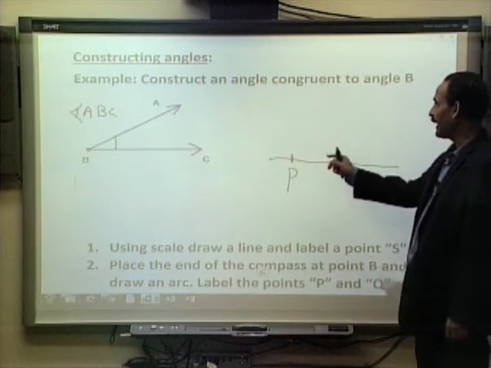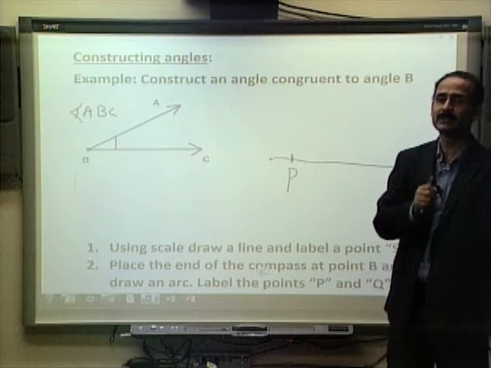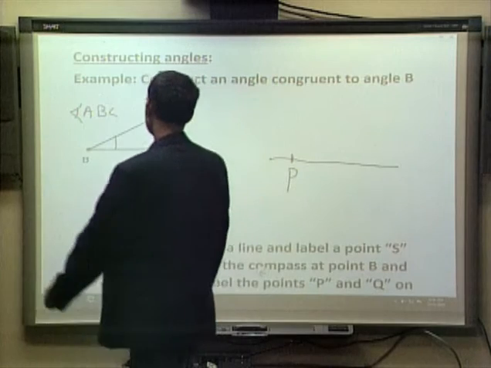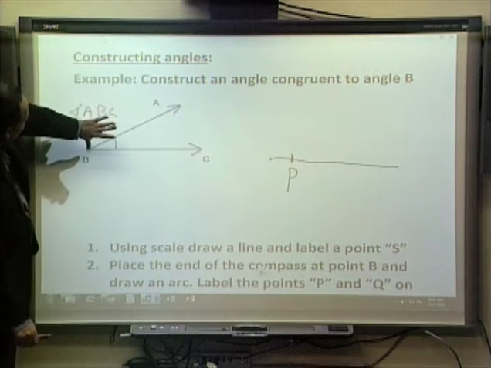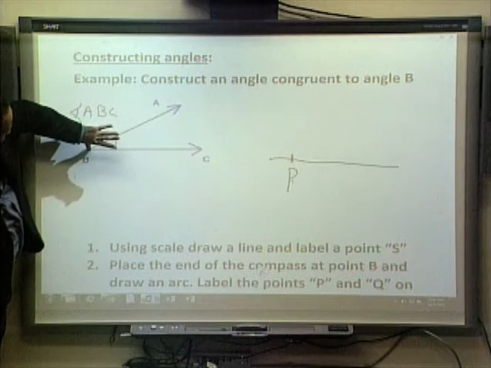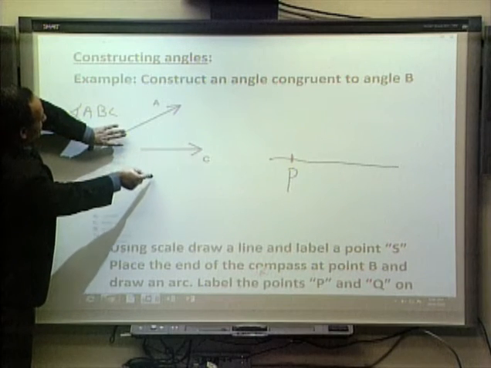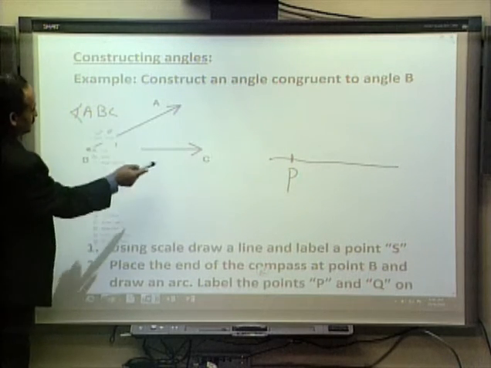Once we mark the point, now we will be using our compass. We put one end of the compass at B, and with the pencil end of the compass we will draw an arc like this.